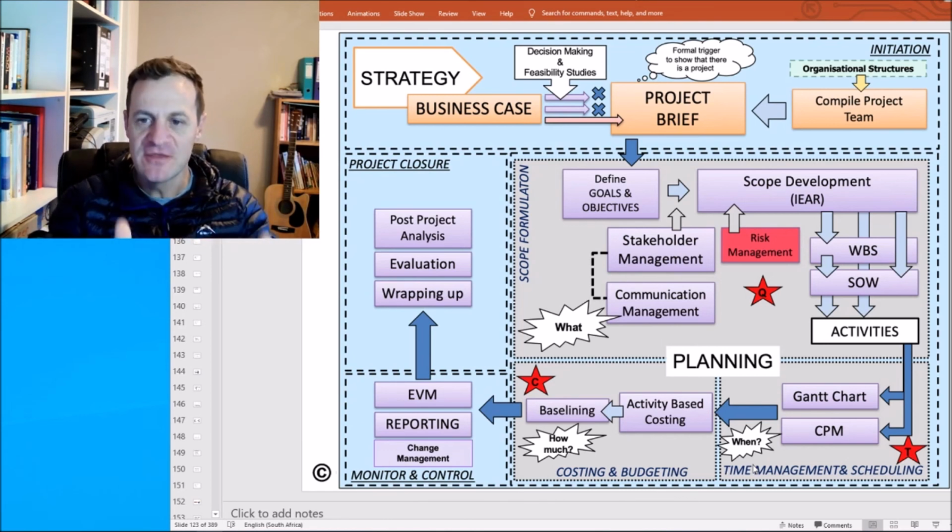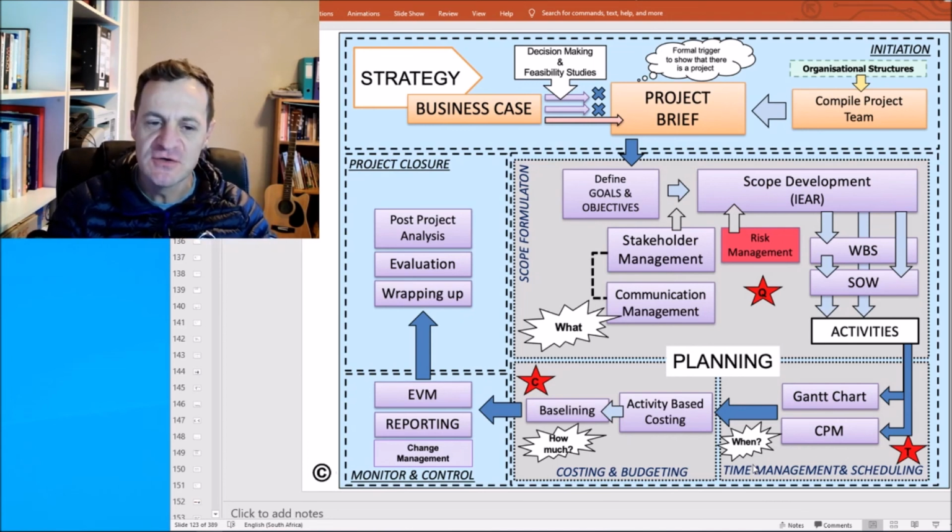So once you've got this, you can apply this to any project, and you can also start changing this to your organization to fit how you do things, or when it fits you to do the best.